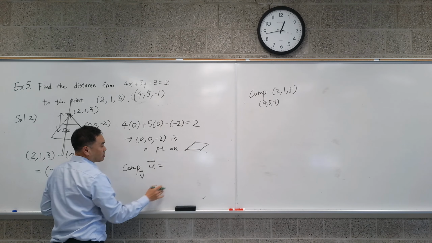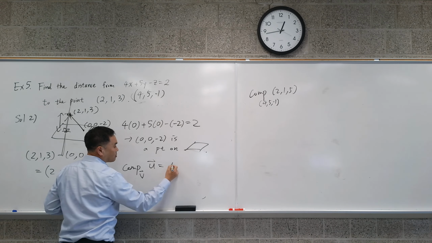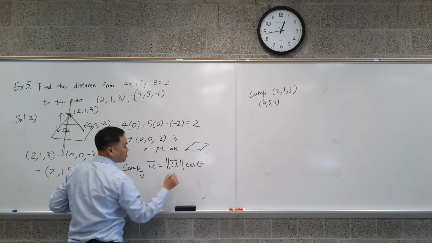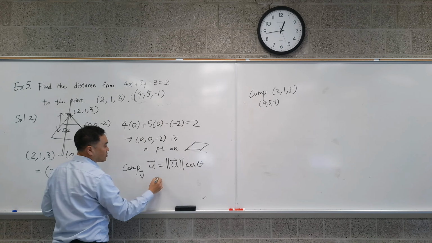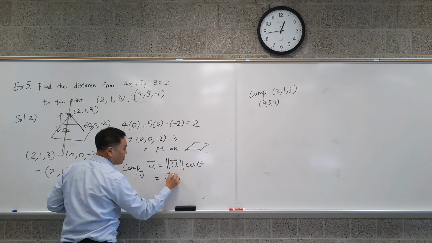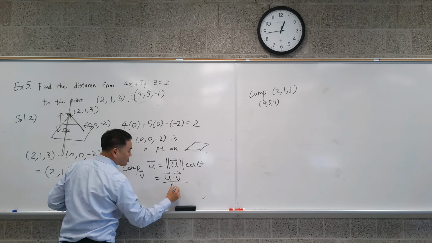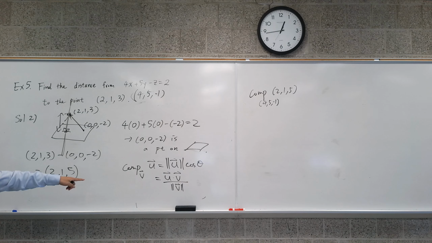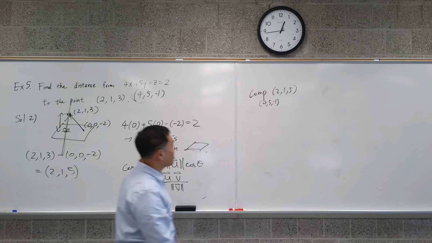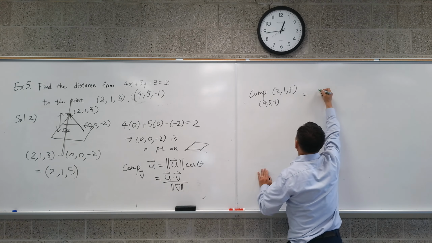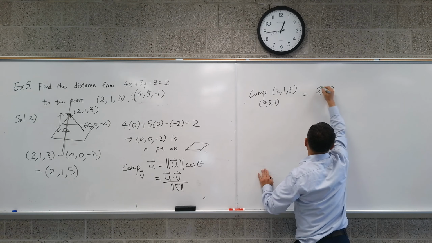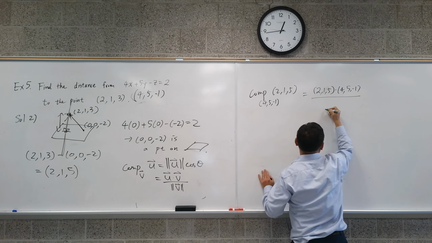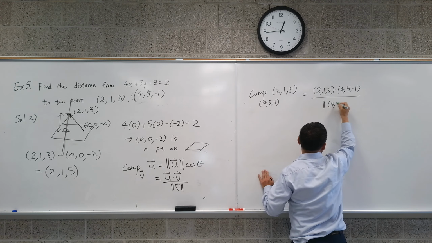So let's see, what's the formula for the component of u onto some vector v? Well, it is simply the norm of u times the cosine of the angle between, which is the same as u dot v, and then you divide by the size of v. If you go back to your notes, that's the formula for the component. So we have to do 2, 1, 5 dotted with 4, 5, -1, and divide by the norm of 4, 5, -1.